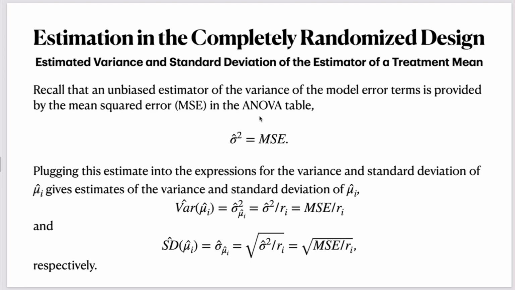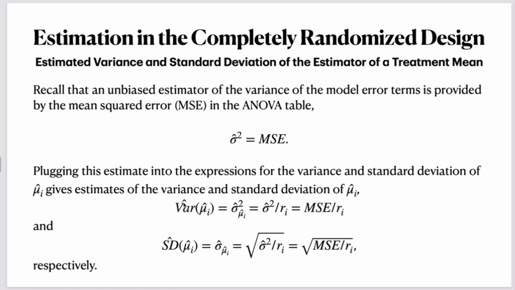So once we have this estimator of the variance of the error terms, we can then plug that estimate back into the expressions for the variance and the standard deviation of the sampling distribution of mu hat sub I to obtain the estimated variance and the estimated standard deviation for mu hat sub I. And so we will denote the estimated variance in a couple ways.